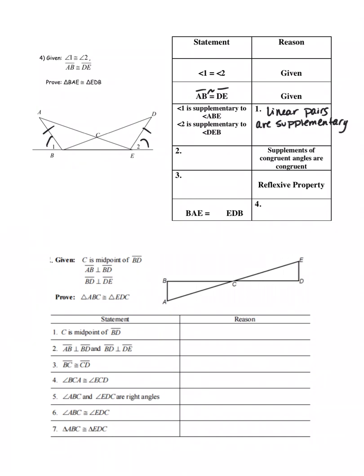Then we can say that these angles ABE and DEB are congruent to one another because supplements of congruent angles are congruent. And then, of course, we have BE is congruent to BE.